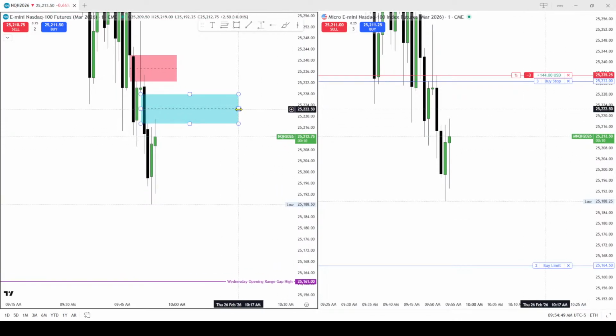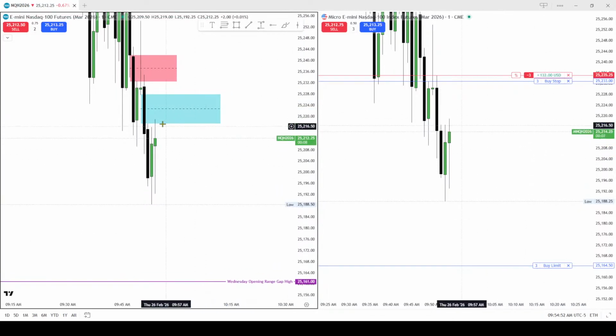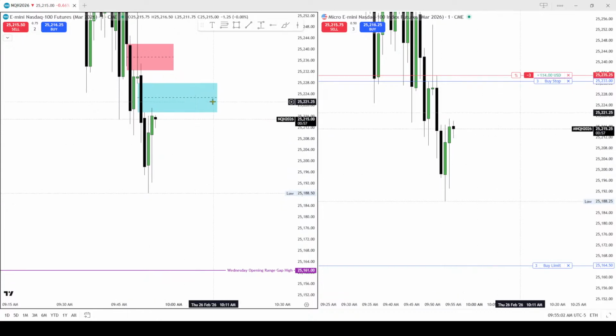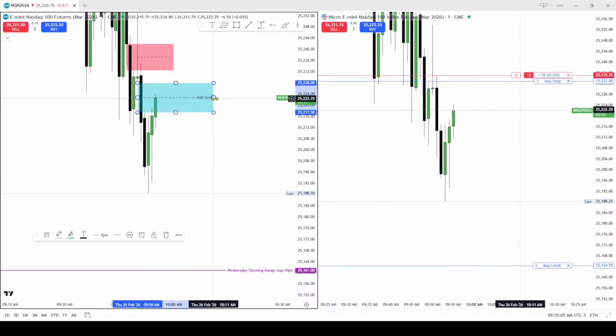So I want to see price run away from that fair value gap as we reach into it. I would want to see price start displacing lower from there, preferably using it as an institutional order flow entry drill.